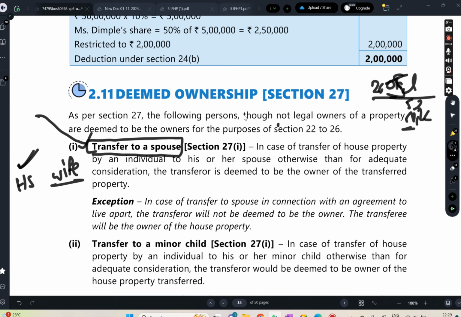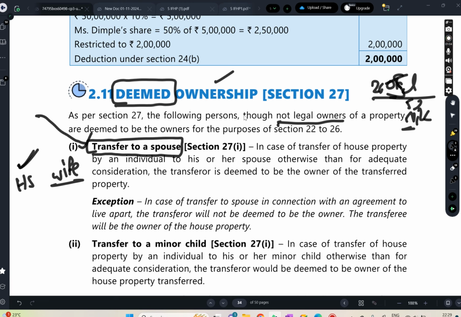You are transferring ownership to your wife so that the income from house property will be taxed under your wife's name. But the income tax department will say, even though legally your wife is the owner, I will consider you as the owner. Legal owner may be different, but according to income tax I will consider you the owner. That is called deemed ownership.